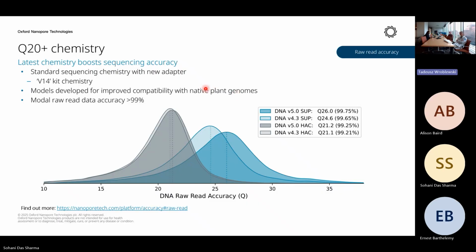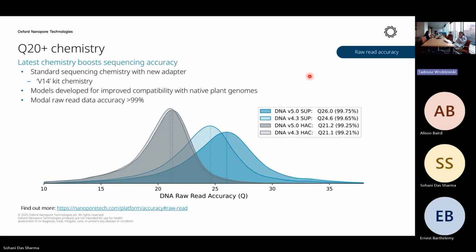So for Nanopore, the chemistry we have is Q20 plus chemistry. Presently, the accuracy we have in the SUP model is Q26. So let me actually talk about the base calling model briefly now. I know those slides are coming later, but when we do the base calling, there are three modes of base calling.